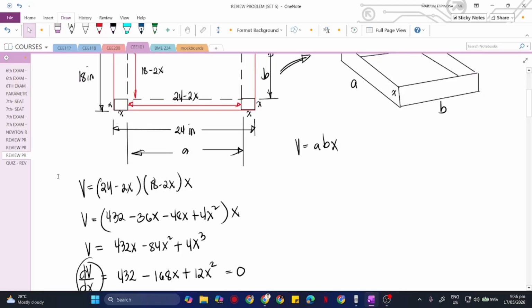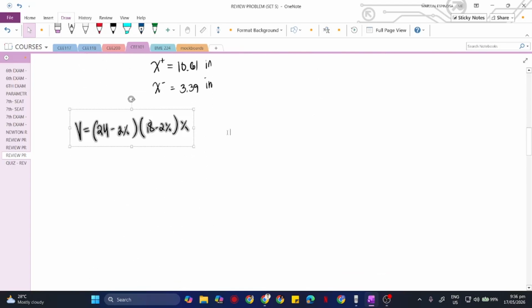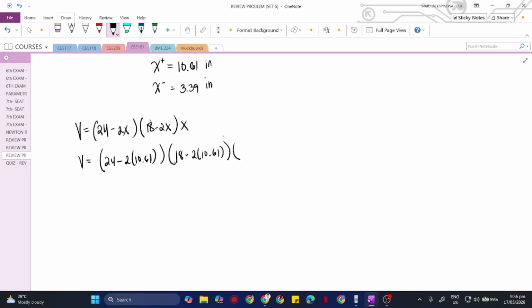Now if we plug in the x value here, we will be able to get the magnitude of the volume, and then we will just be comparing which of these x values will give us a maximum or larger value for volume. So let us just check.